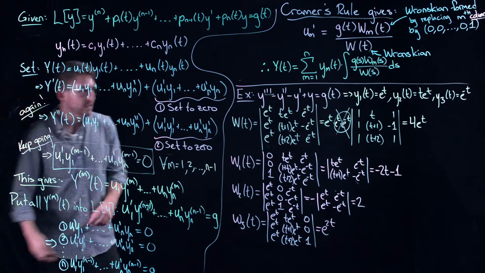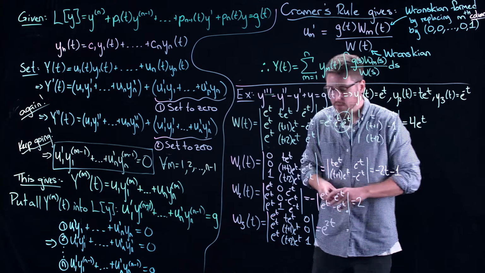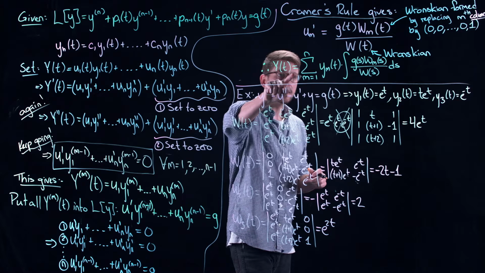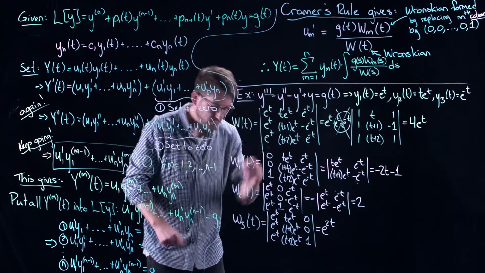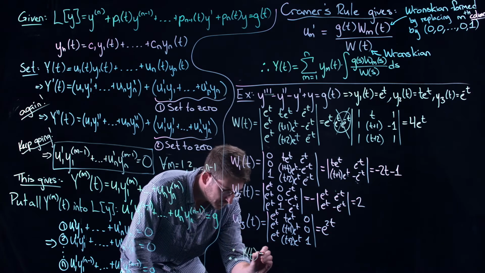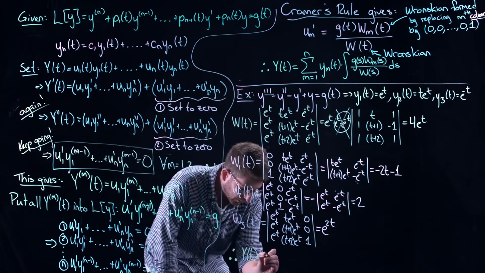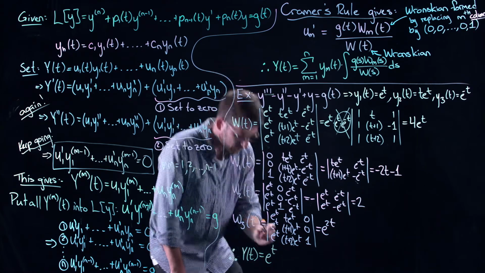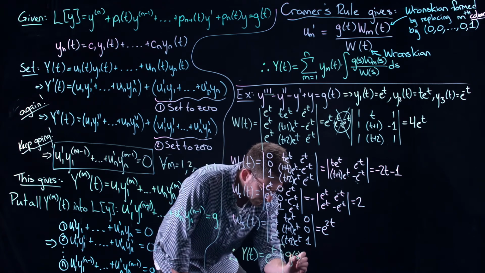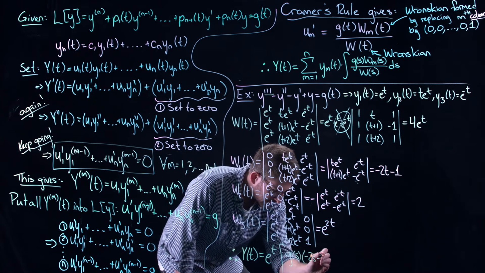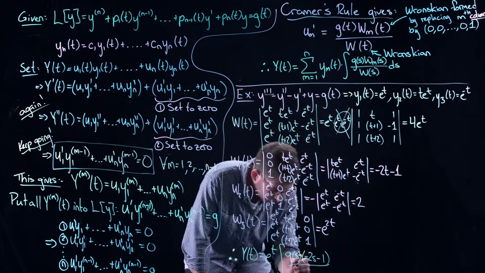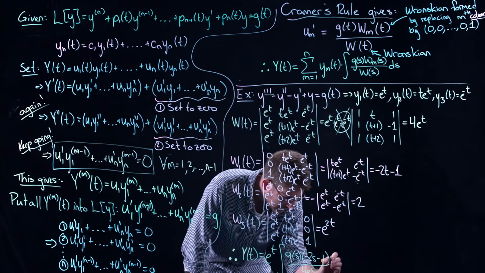So now you can see that we've computed all of the necessary components. And so you can put all of this back together. You can get the specific part given by this piece right here. So the specific part of your solution is y1, e to the t, times the antiderivative of g of s, times minus 2s minus 1, that's W1, divided by 4 e to the s, ds.